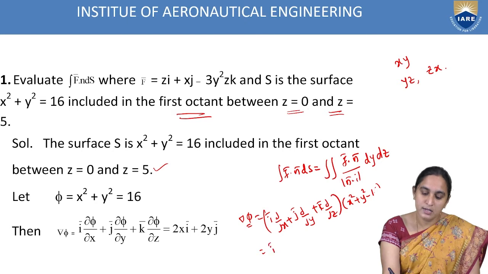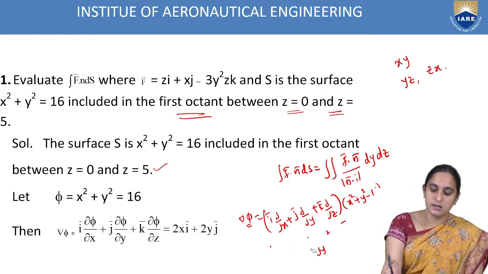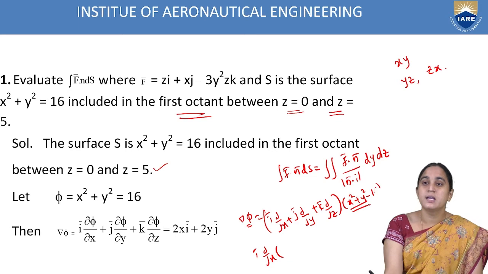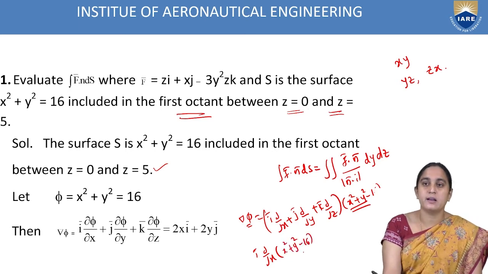I'm sorry, here once again I'll write this step. That is i bar into dou by dou x of, what is pi? x square plus y square minus 16, right?